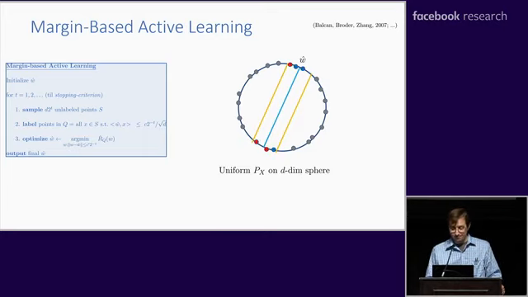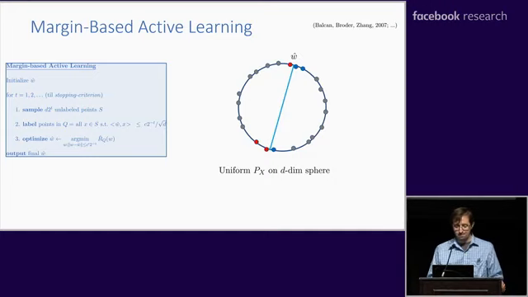Then we update W hat by minimizing the empirical risk, maybe subject to a constraint that we don't wander too far. In step 3, there's a constraint that we don't move too far on each round, but basically, we're minimizing the empirical risk on each round.